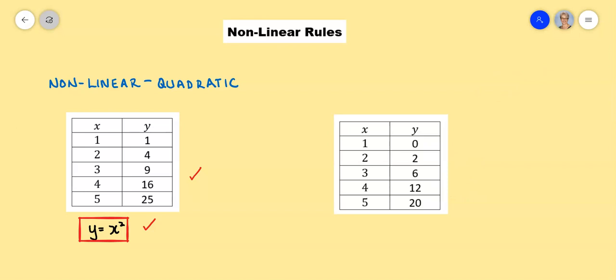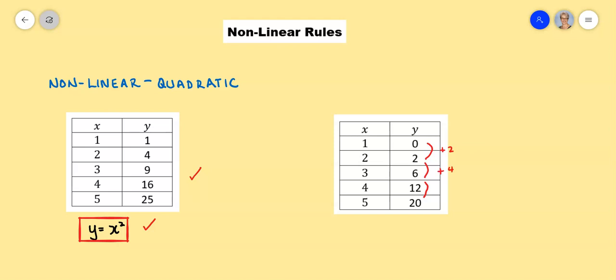Now let's look at this final algebra table. We can see it's a nonlinear rule because, as before, y is increasing by a different amount each time. So from 0 to 2, we add 2. From 2 to 6, we add 4.